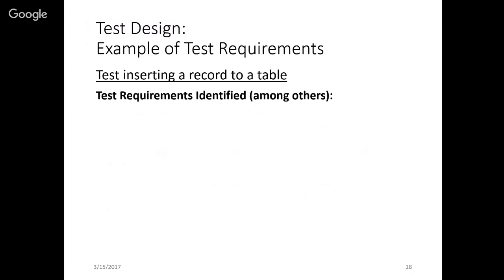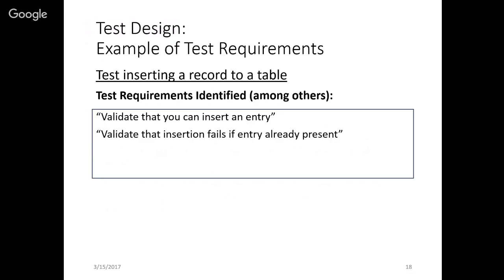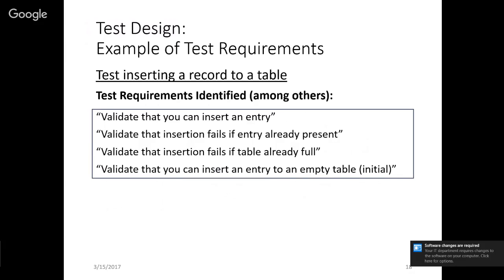If we take the case of inserting a record into a table, test requirements can be: validate that you can insert an entry; validate that the insertion fails if the entry is already present, which are all functional requirements; validate that insertion fails if the table is already full; validate that you can insert an entry to an empty table.